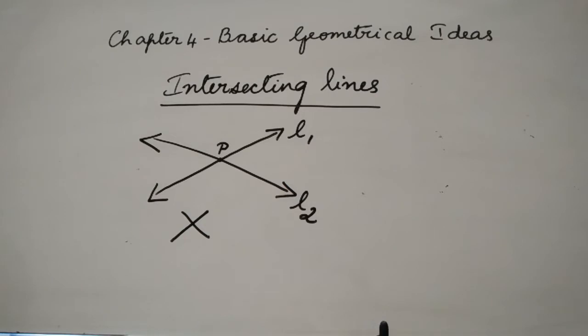That's an example. Then the crossing roads you might have seen are also an example of intersecting lines.